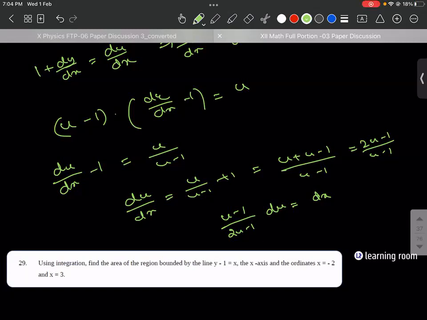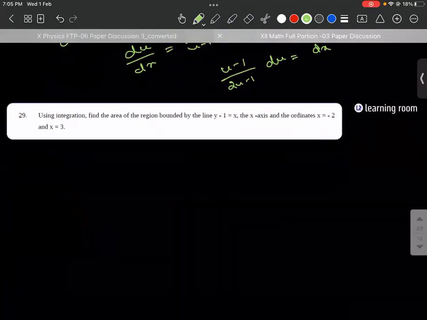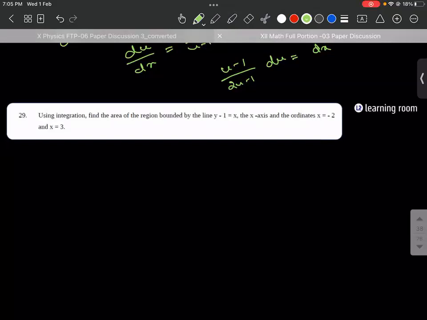How to solve this now? Sir, it is of the form px plus q. It is of the form px plus q, but the denominator is not quadratic. Okay. (u minus 1) divided by (2u minus 1) into du.